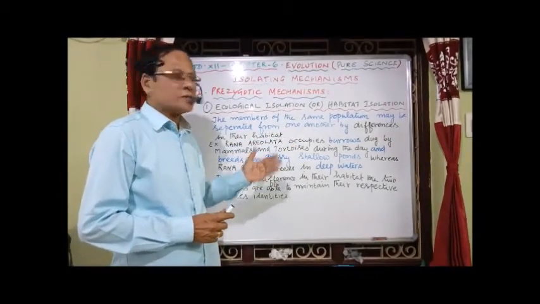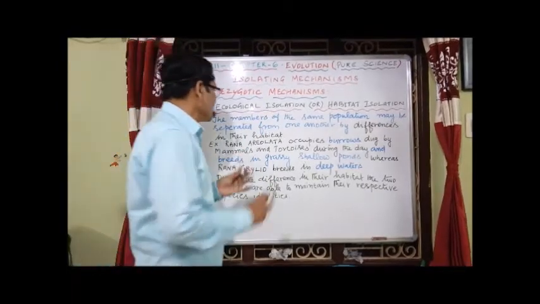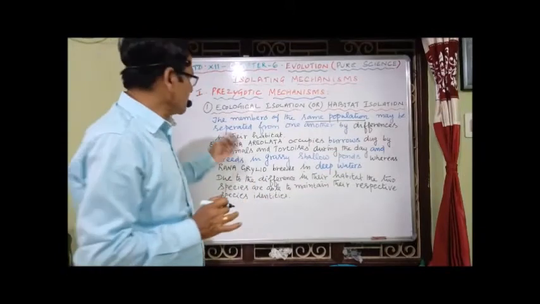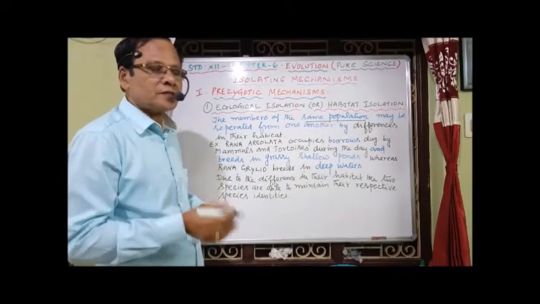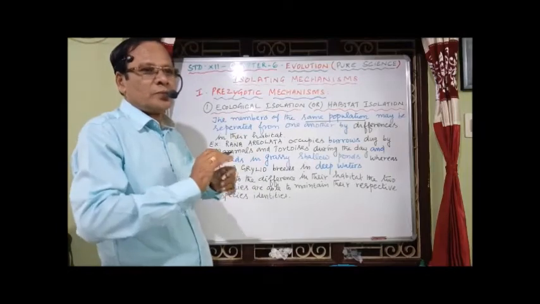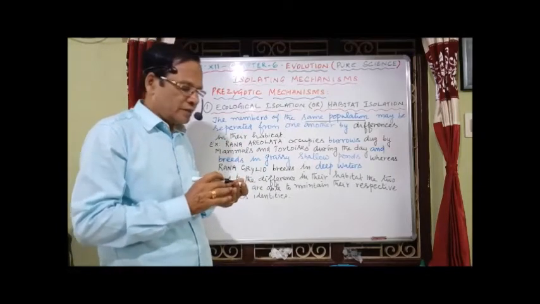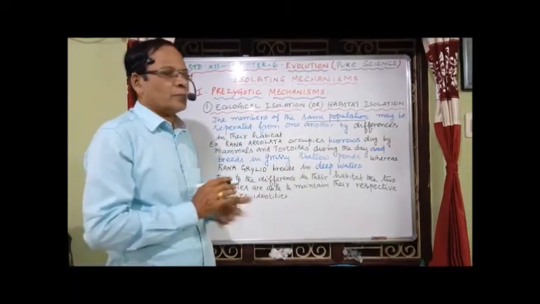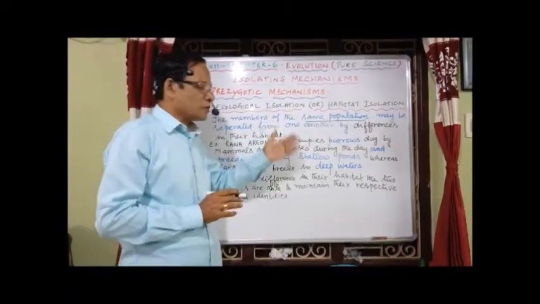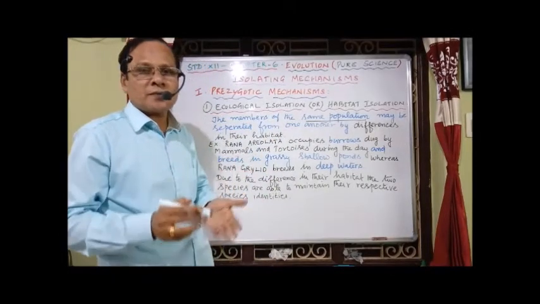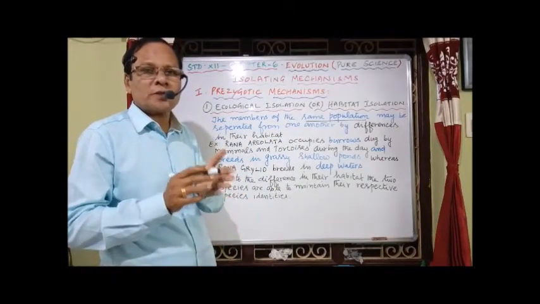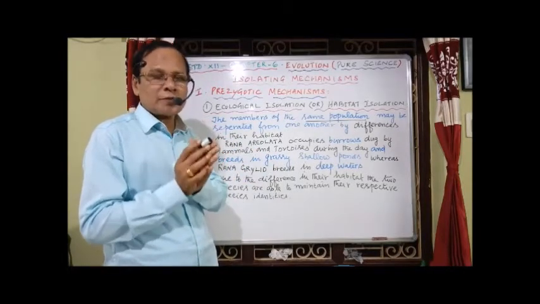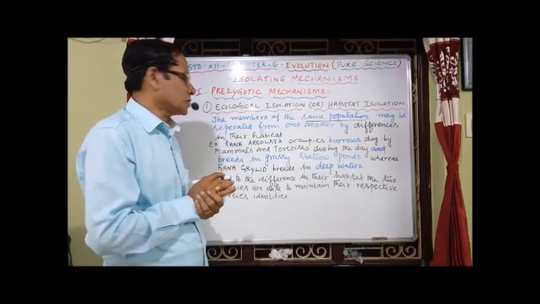Members of the same population may be separated from one another by differences in their habitat, so that they may not interbreed. They maintain their respective species identities. Differences in their habitat prevent them from interbreeding, so these species maintain their respective species identities.